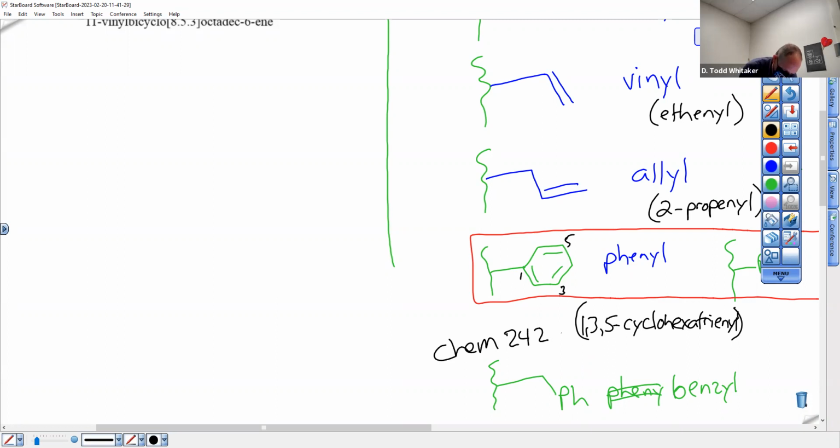But it is a very common name, benzyl. All right? It has resonance. Both phenyl and benzyl have resonance, but you can put the double bonds here, here, and here instead. That would be the other resonance form, and it doesn't matter which one you choose. Yeah, they are resonating groups, big time.